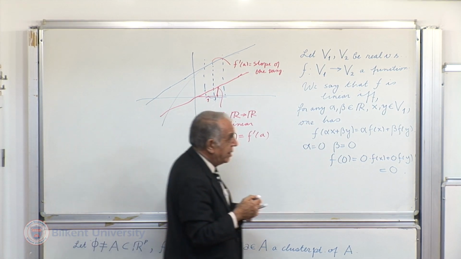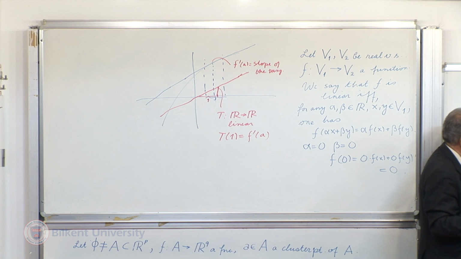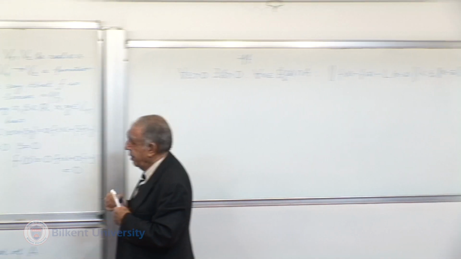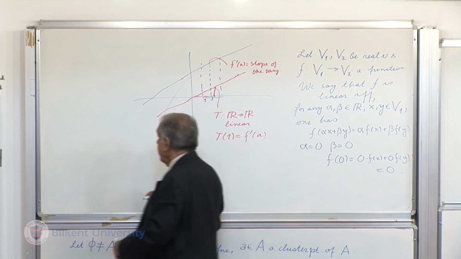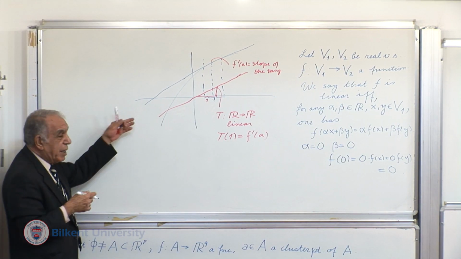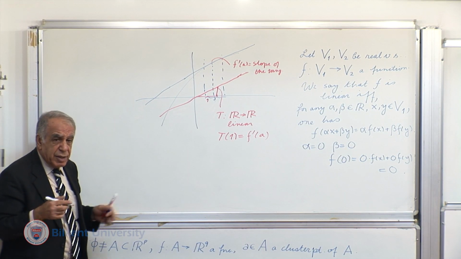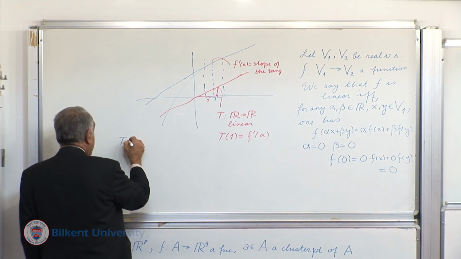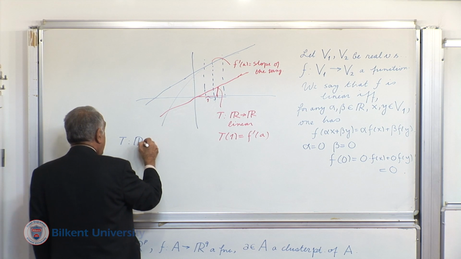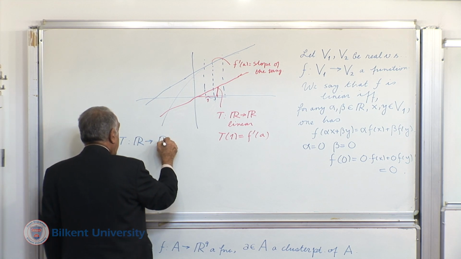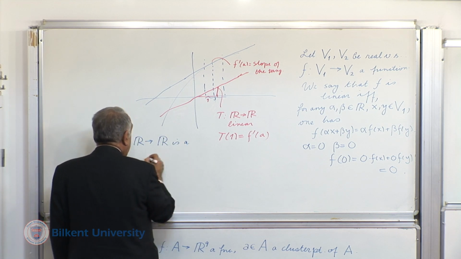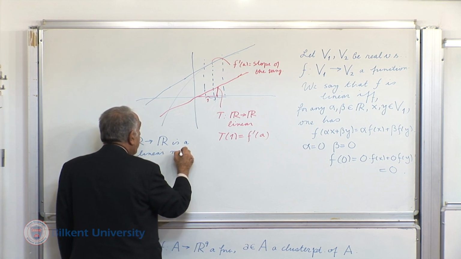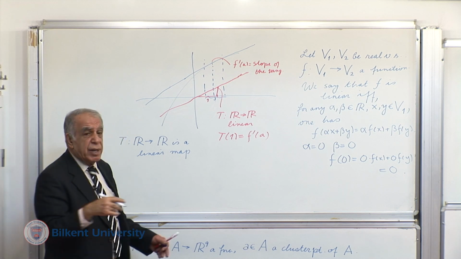Well, then, moreover, again, from calculus and from linear algebra, what we know is T on R to R is a linear map, or linear map, mapping, function, transformation.